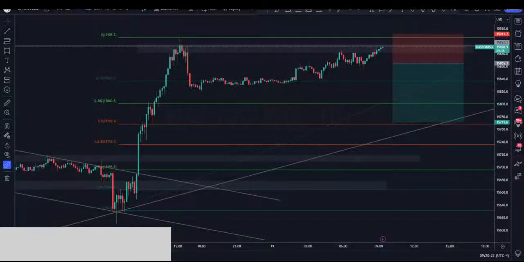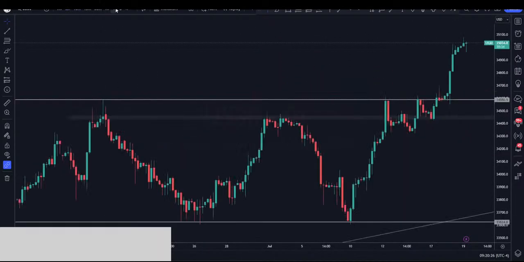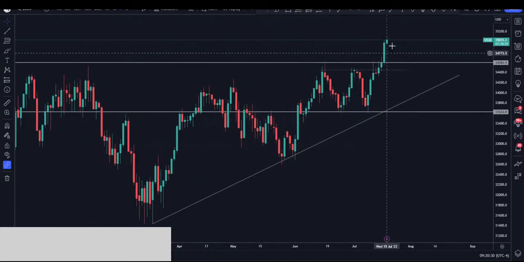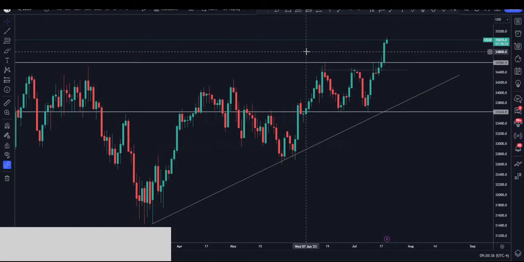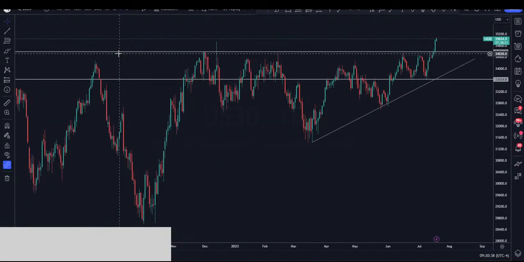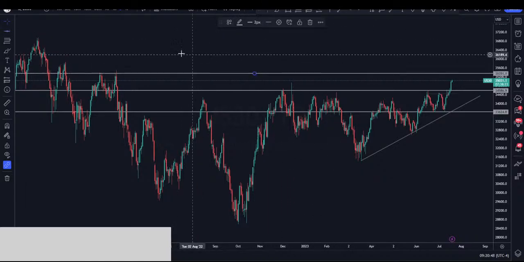Now I'll go back to TradingView. Let's see what we have. So US30, yesterday this one really rallied as well. It could possibly continue pushing to this level here.